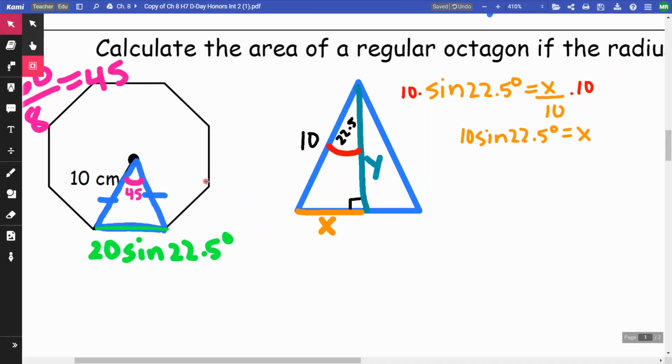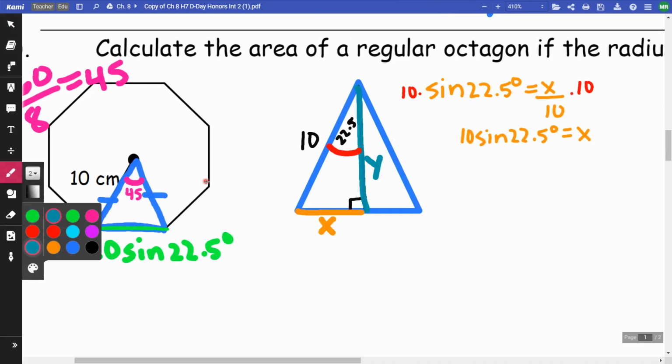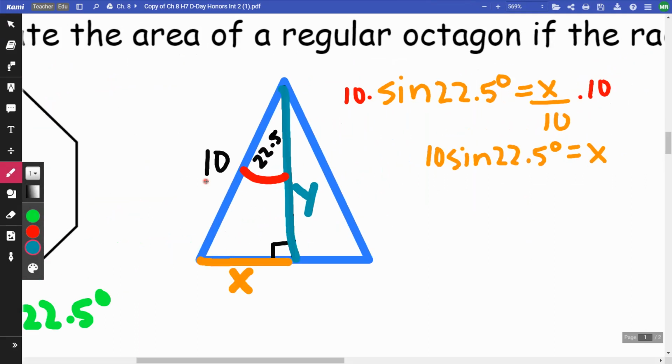Okay, so now let me find my y. Again, from this angle, it's going to be adjacent over hypotenuse. So then that's going to be cosine. Cosine of 22.5 degrees equals y over 10.